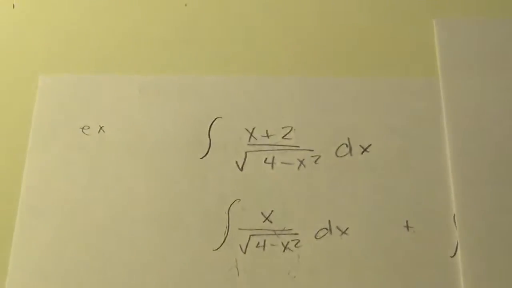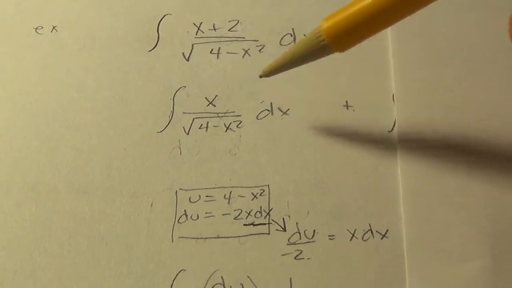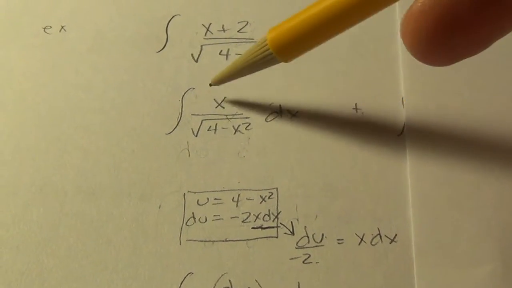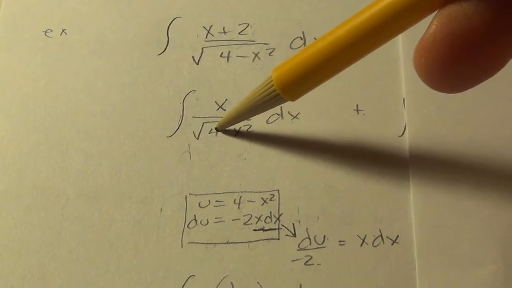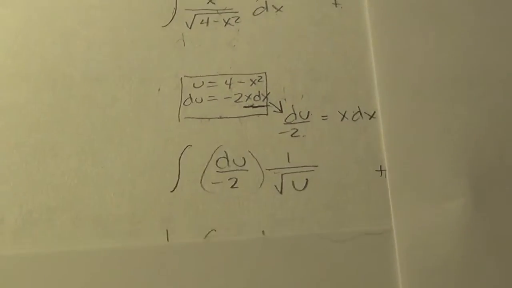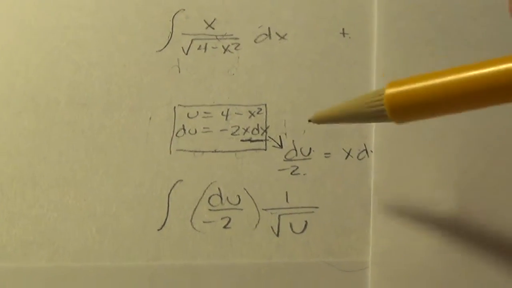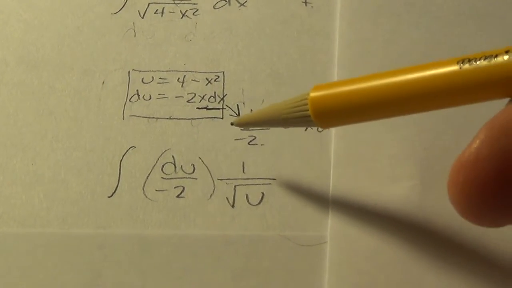Alright, so now I'm going to substitute everything in this expression. My x dx takes on du over negative 2, and the square root of u is there. So we have all the substitutions made.